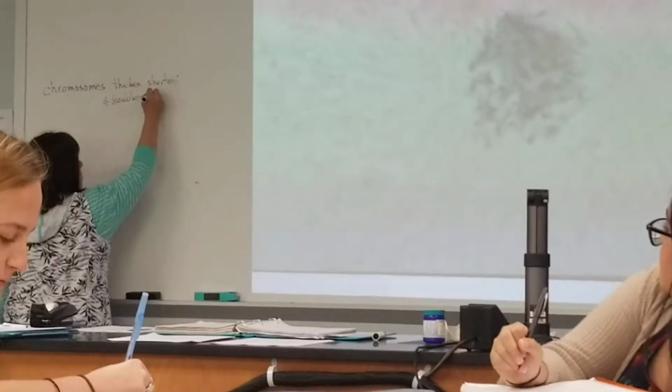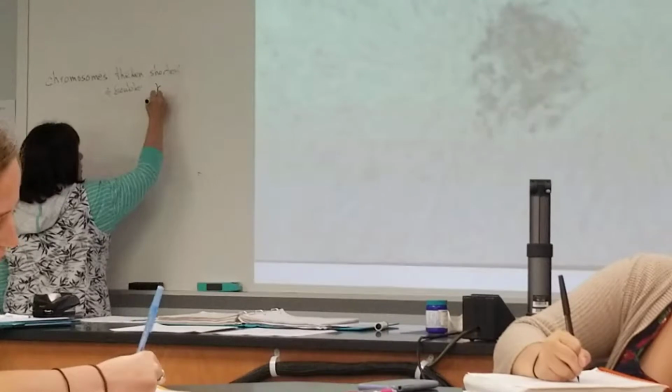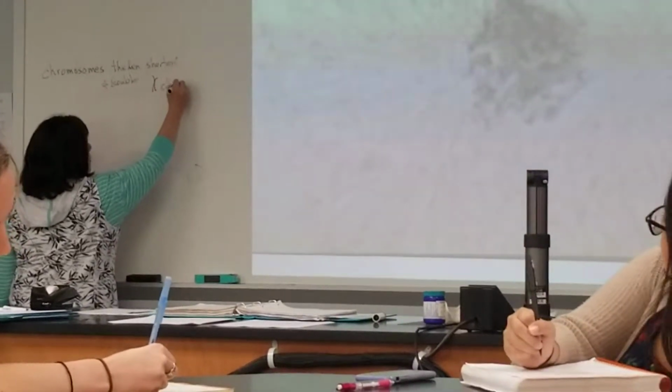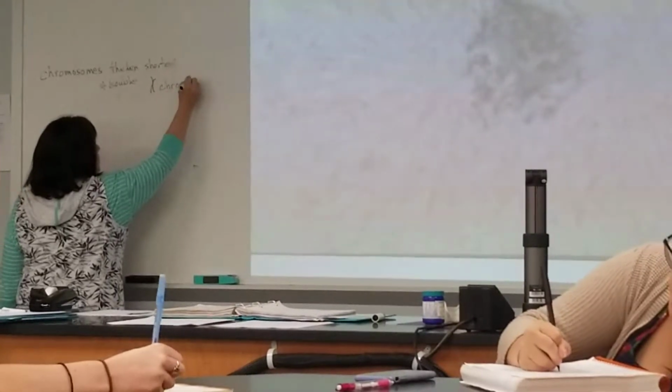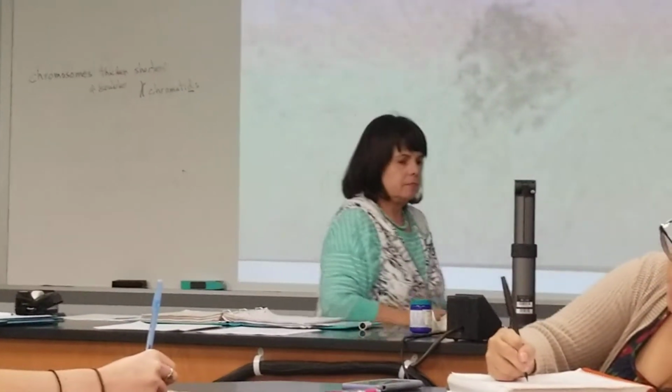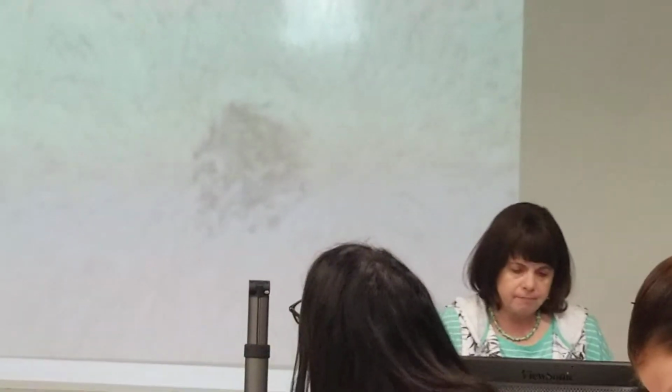When they double, you can see them, and those double chromosomes are now called chromatids. Think D for double. So all these black squigglies are chromatids.